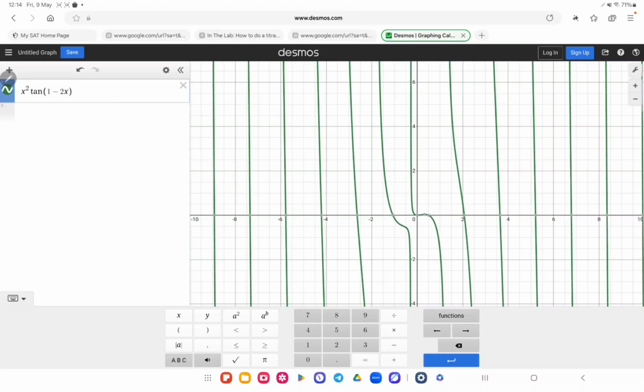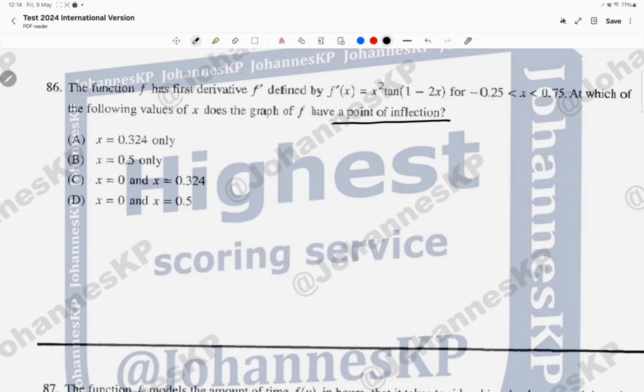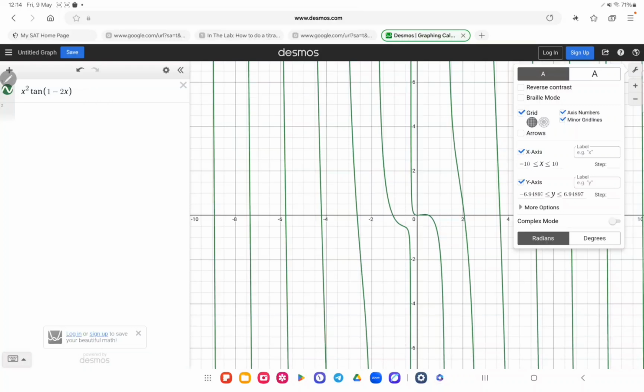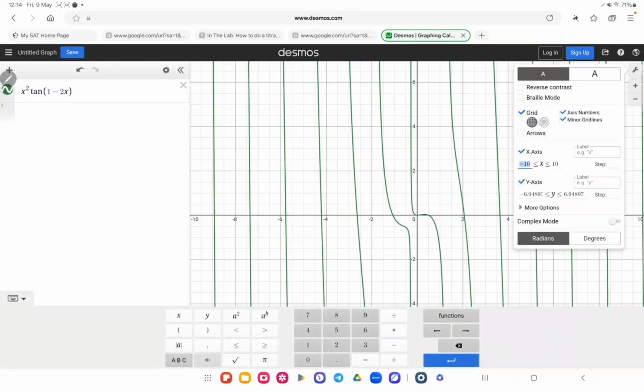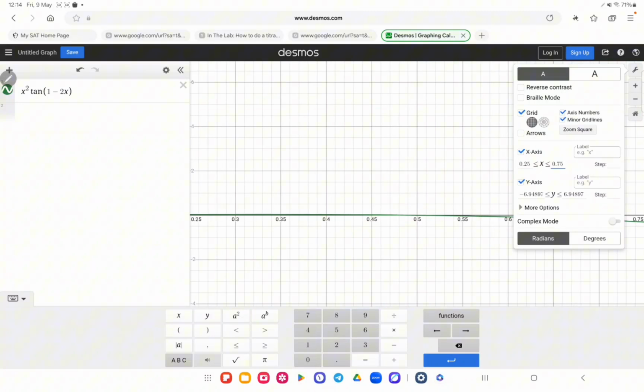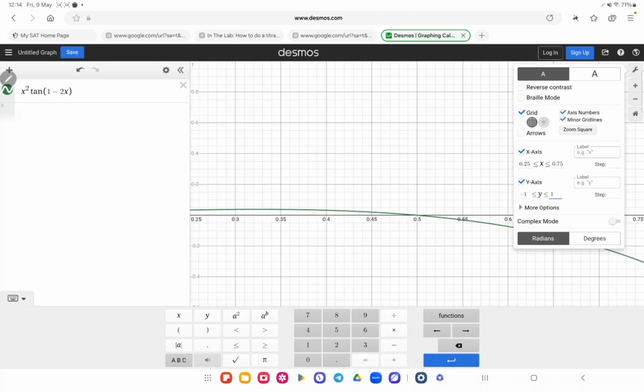Okay, that's too big, but let's look at the window. The window was from negative 0.25 to 0.75. So here you go, negative 0.25 to 0.75. But now my graph is too small. I must make my y smaller. Let's make it negative 1 to 1, so I can actually see better. Yep.